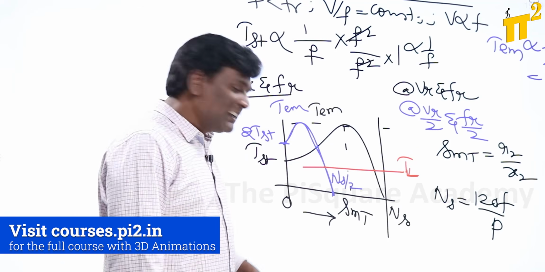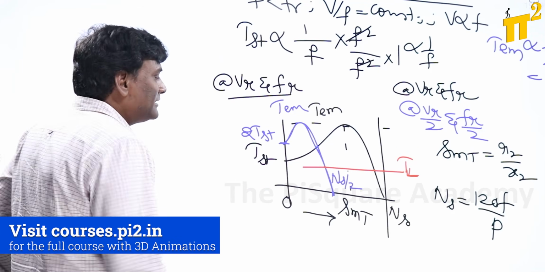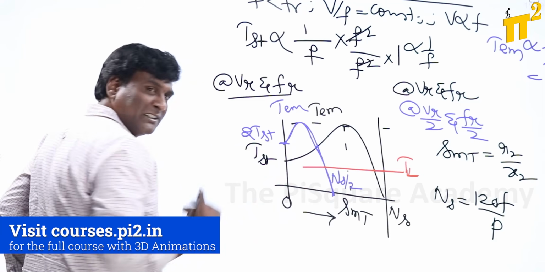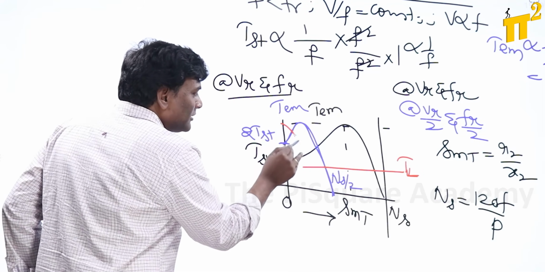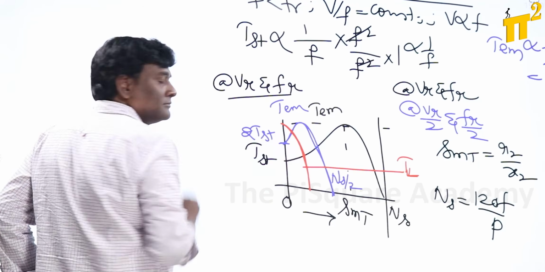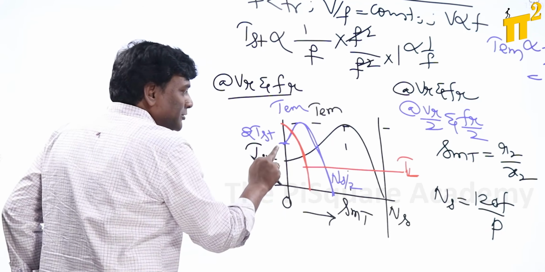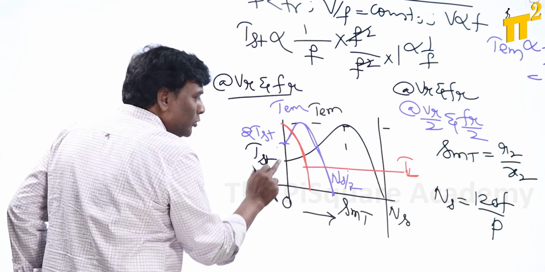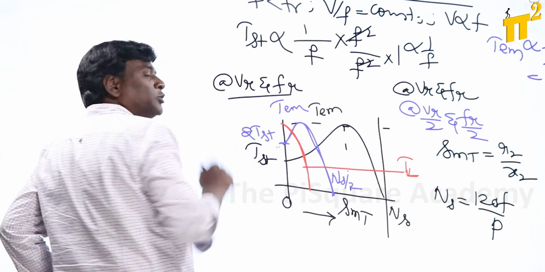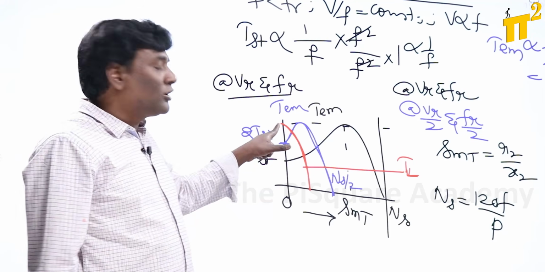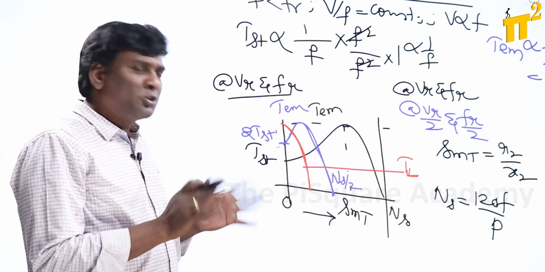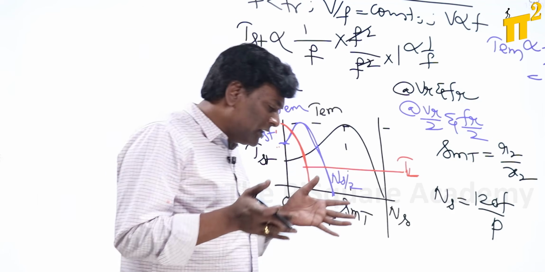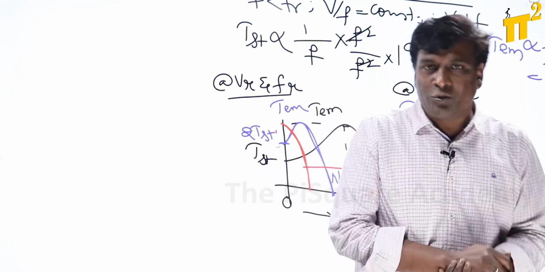Now they are asking by what percentage the frequency should be reduced, or how much should be the supply frequency, such that starting torque should be maximum torque. Starting torque from black to blue increased. Blue to red it should be increased such that starting torque should be equal to pull out torque. How much should be the frequency or the voltage that should be supplied? They asked the question.